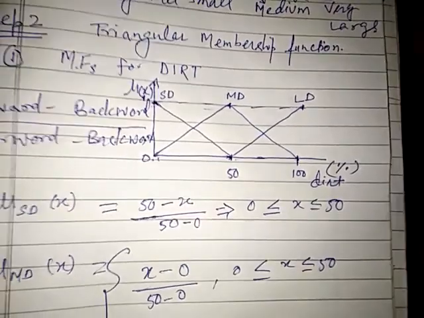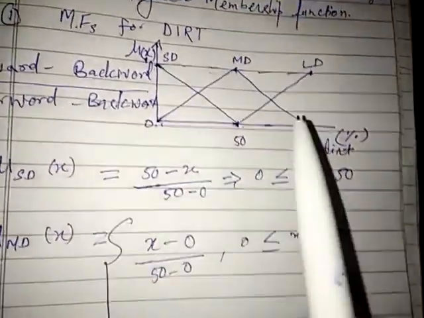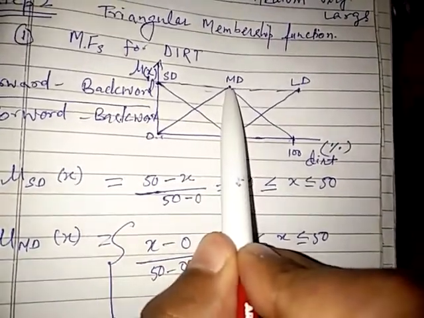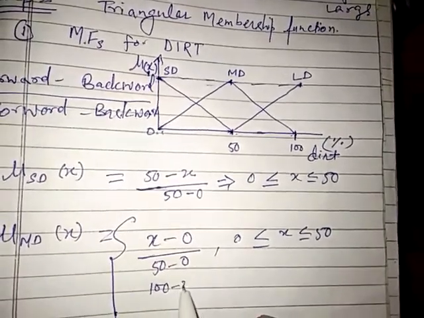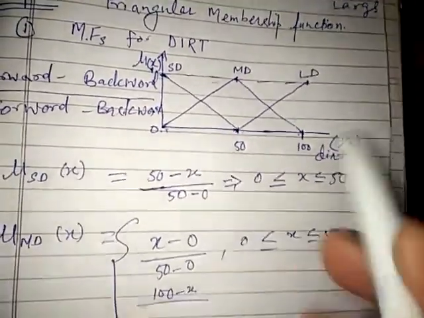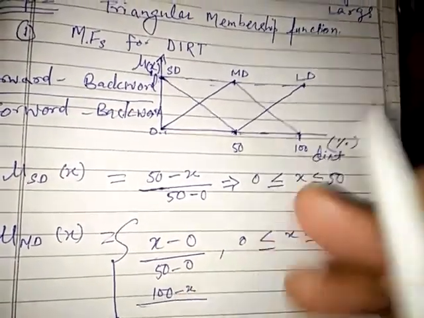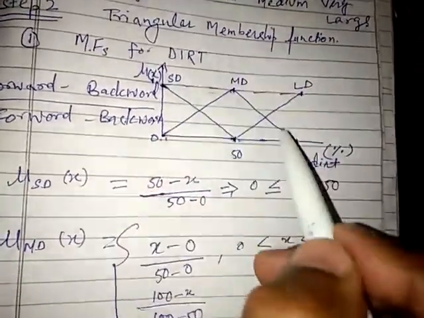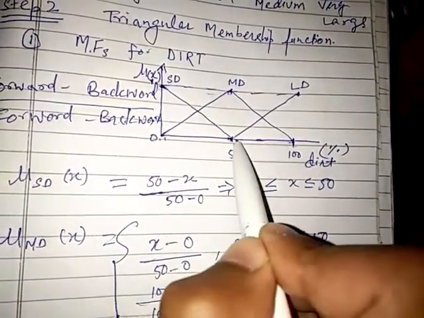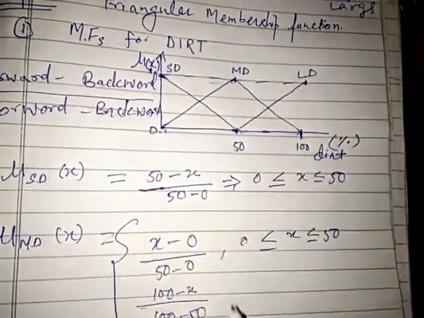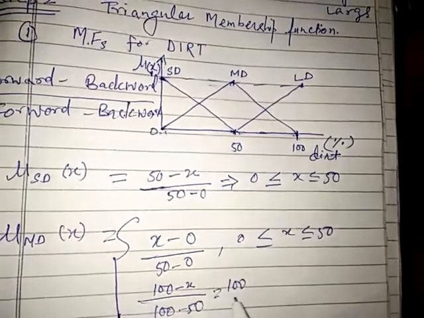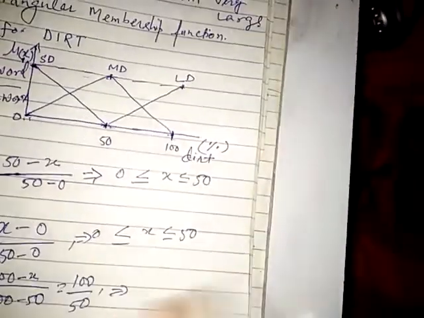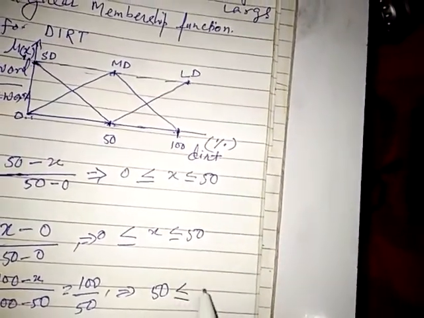The second is 100 minus x divided by 100 minus 50, with range 50 to 100.